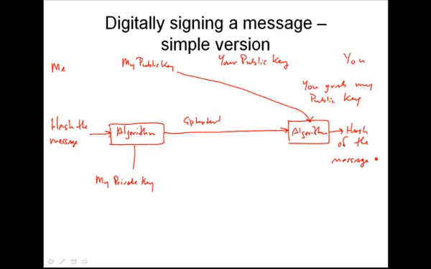You can run it through the same hashing algorithm, be it MD5 or SHA-1, generate a hash value, and compare it to the hash of the message that you just decrypted here. And if they match, you know that the message has not been tampered with in transit. If they don't match, something has gone wrong. There was either an error in transmission, or there's been some sort of possible man-in-the-middle attack, etc.